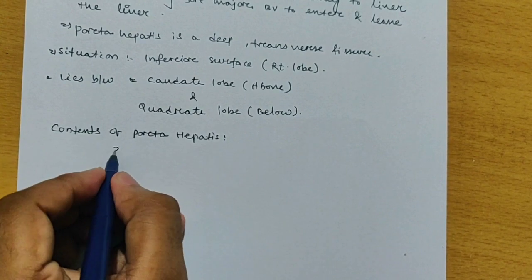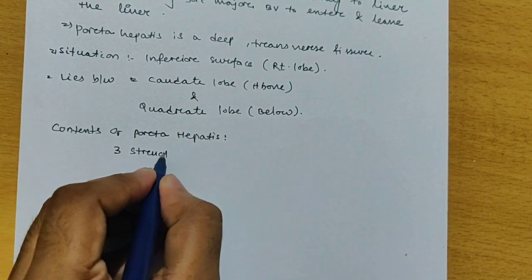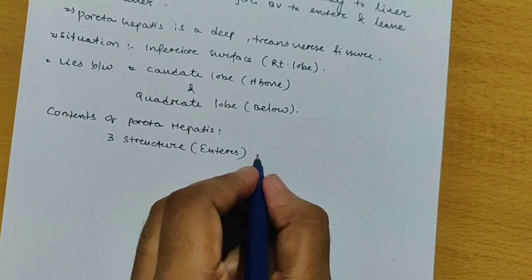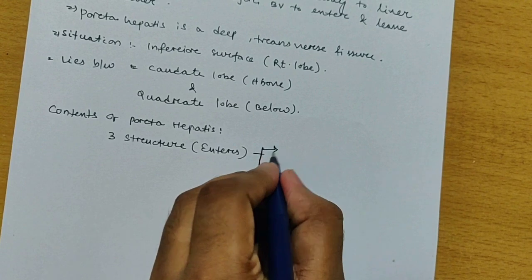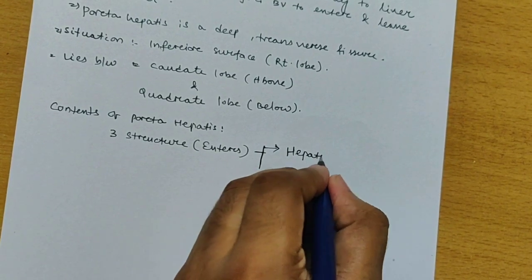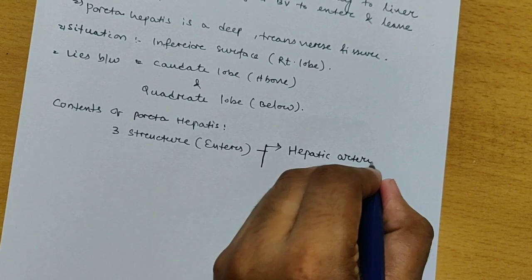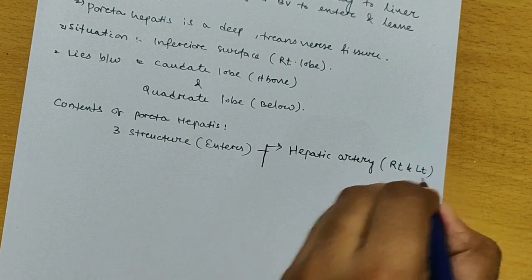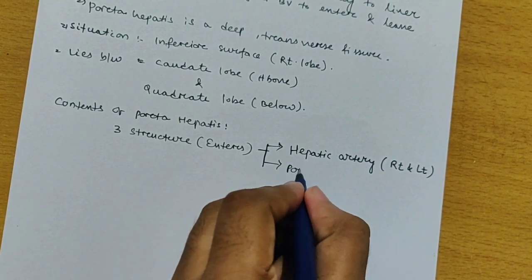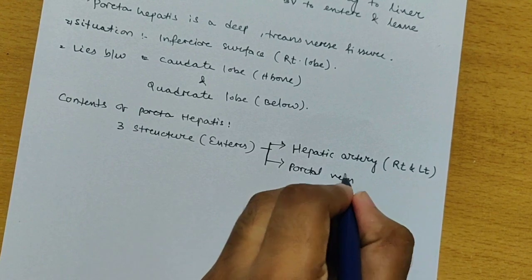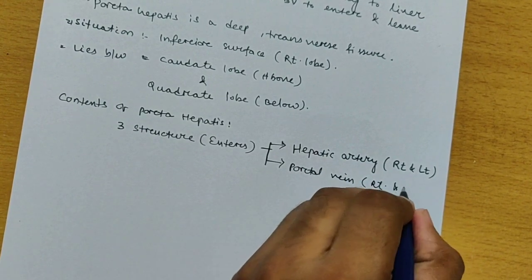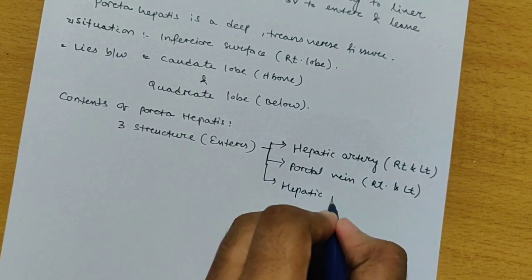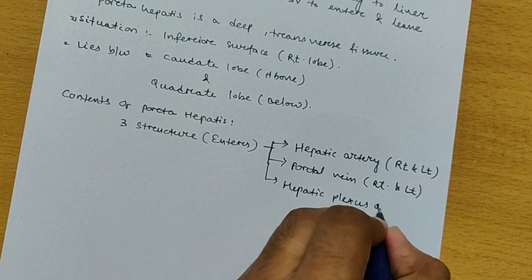Here three structures enter the liver, which are the hepatic artery, which is both right and left, the portal vein, both right and left, and the hepatic plexus of nerve.